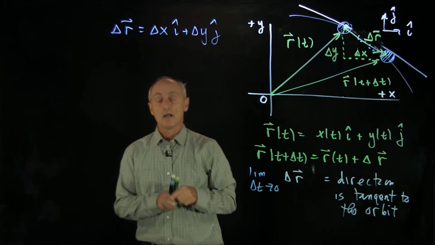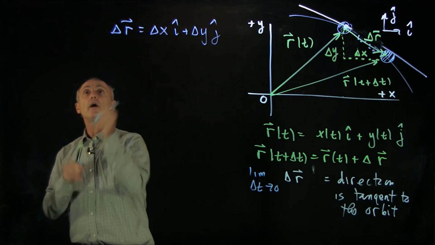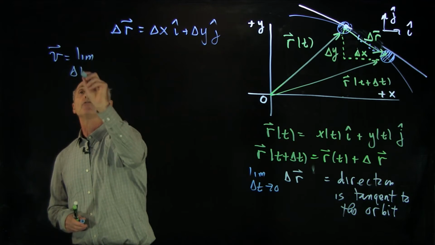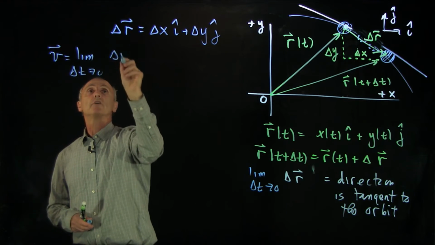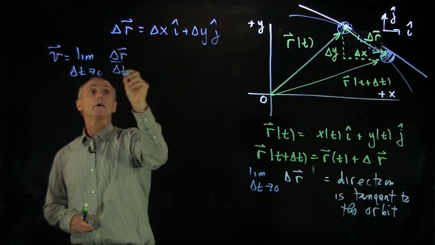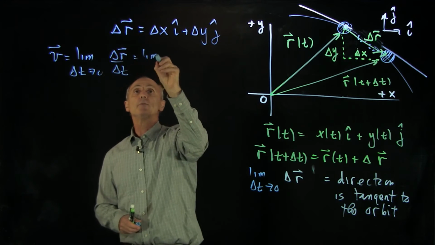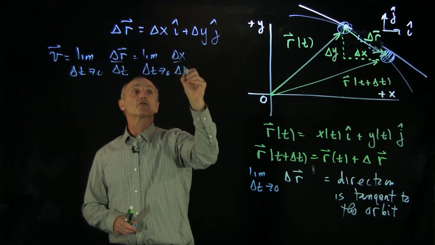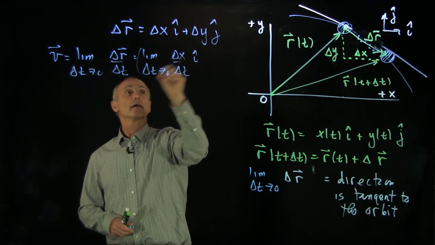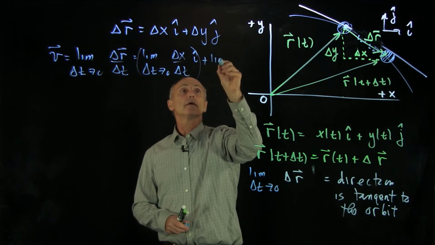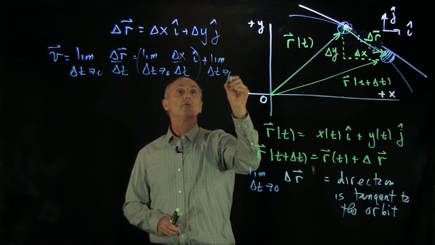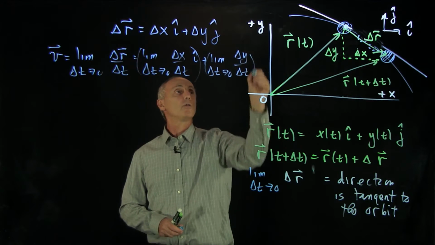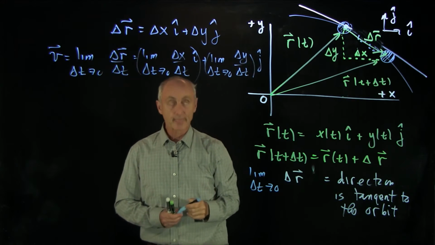That's all right. Now, if we want to define our velocity as the limit as delta t goes to 0 of delta r over delta t, then we have two pieces: the limit as delta t goes to 0 of delta x over delta t i hat, plus the limit as delta t goes to 0 of delta y over delta t j hat.